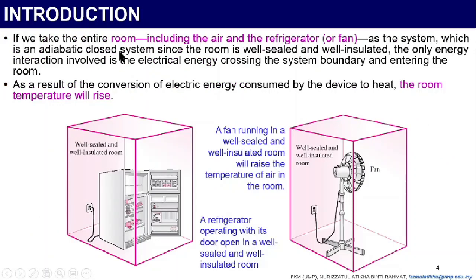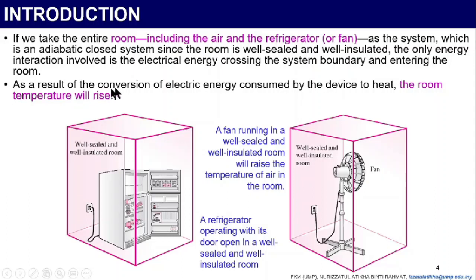If we take the entire room, including the air and the refrigerator or fan, as the system, which we already learned in chapter 1, the definition of system and types of system in thermodynamics, which is an adiabatic closed system. Since the room is well sealed and well insulated, the only energy interaction involved is the electrical energy crossing the system boundary and entering the room.